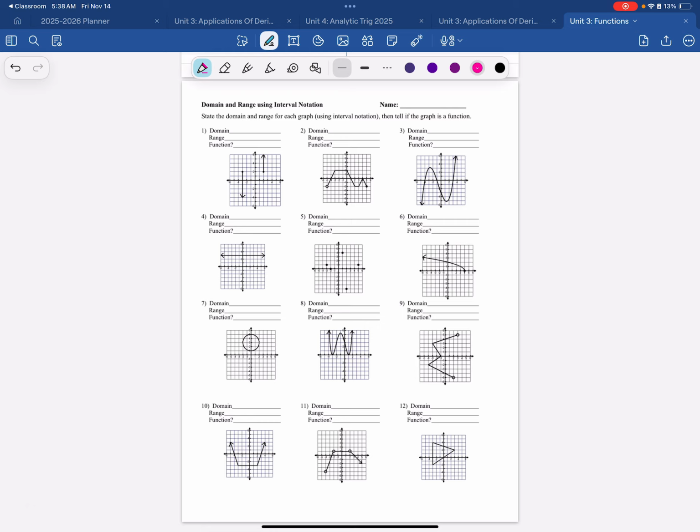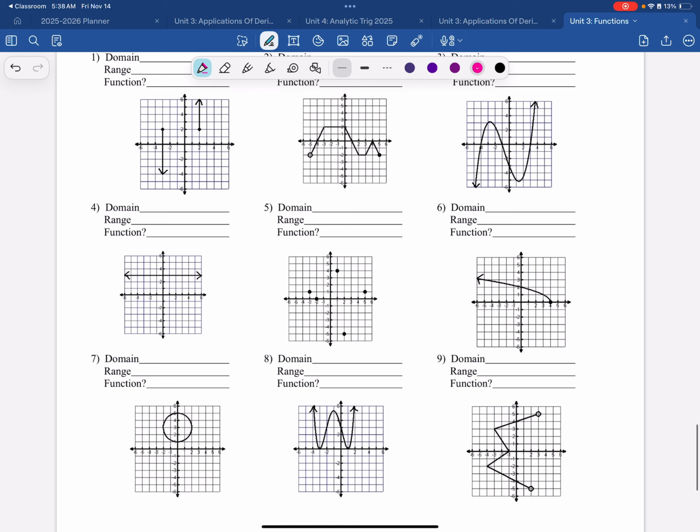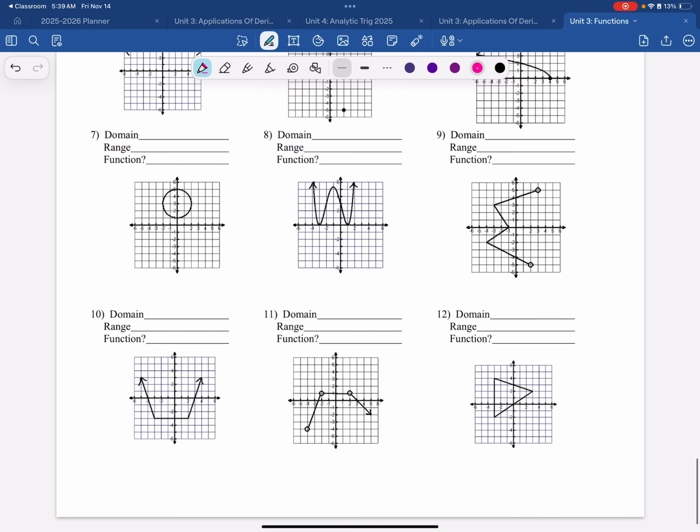And with these, you're doing your domain and your range again. Use your pencil and really travel along to see what that domain and what that range are going to be. If we have arrows pointing, then your domain or your range or both could be negative infinity to infinity, and that's totally awesome and cool. So give these a try.